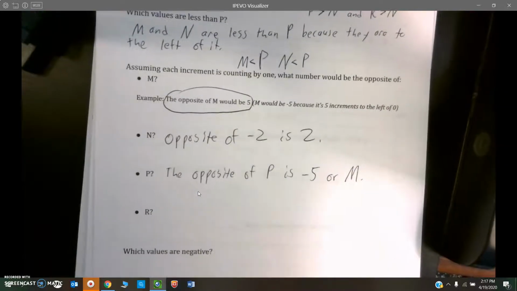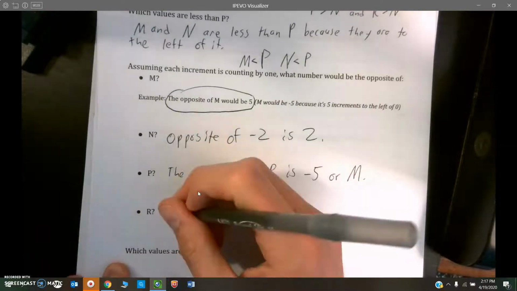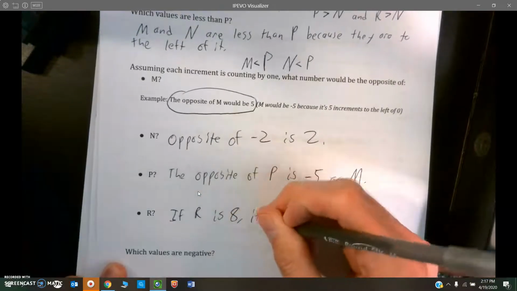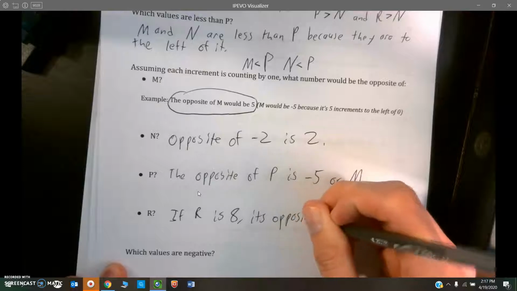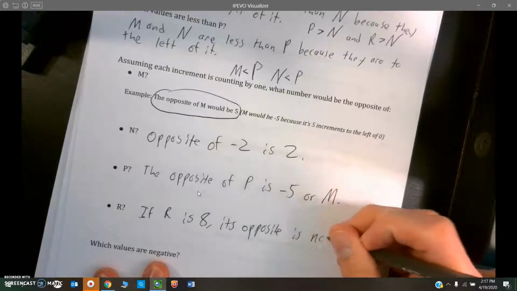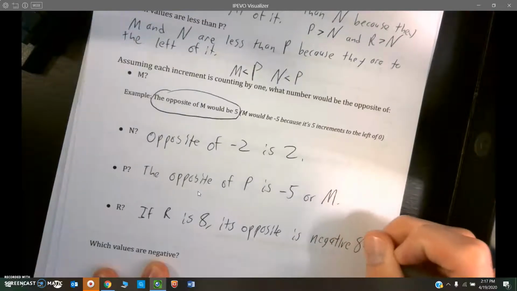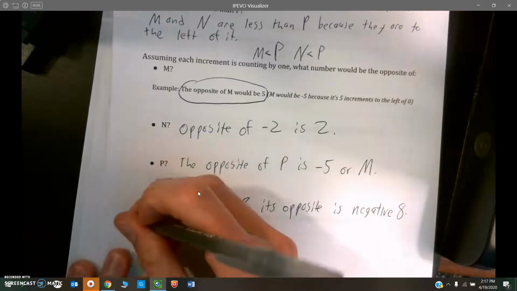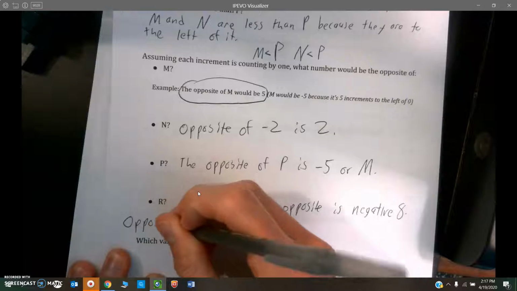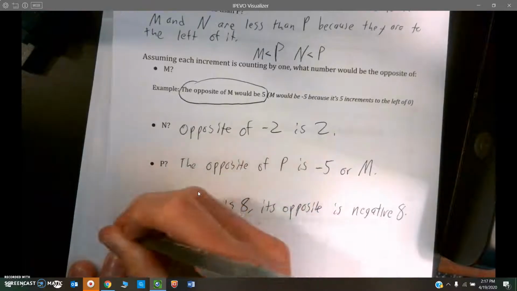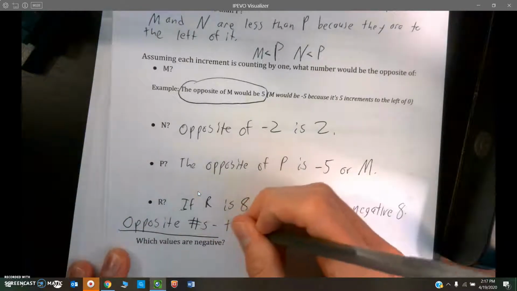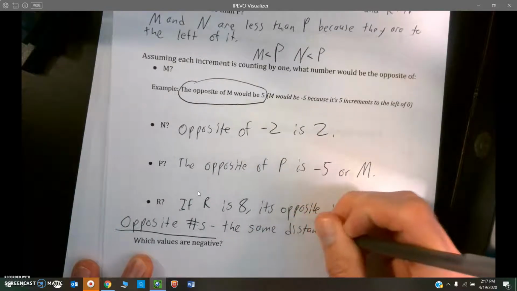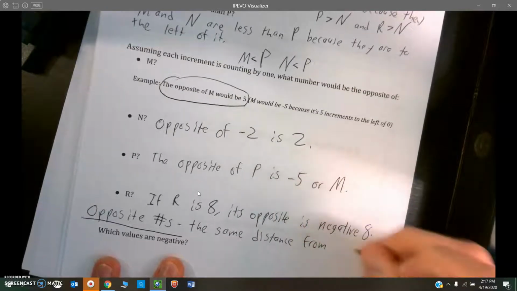And then the opposite of R. If R is 8, its opposite is -8. So once again, opposite numbers are the same distance from 0.